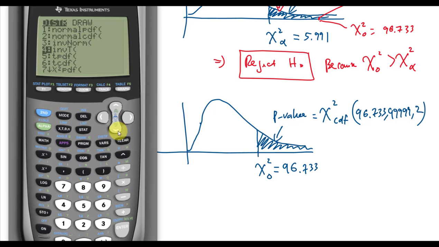If you scroll down, chi-square CDF gives you the area with the lower bound 96.733, the upper bound is 9999, degree of freedom is 2, and then you just paste this into the formula and you get the value of like 9.87 times 10 to the negative 22.